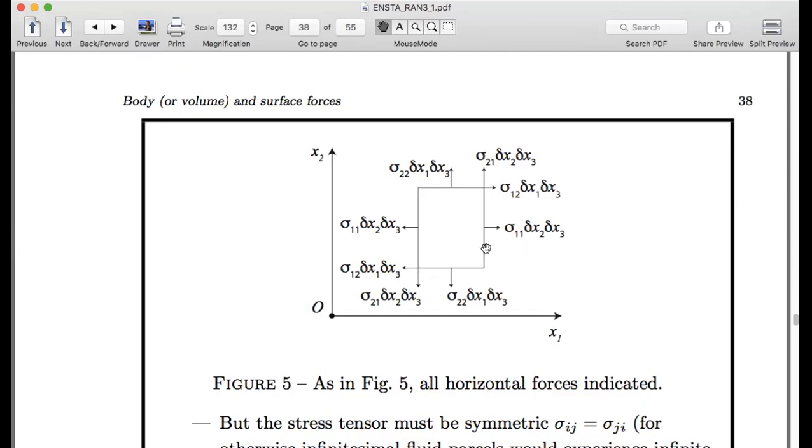Then we say that this force that we're representing with the stress tensor represents the force of the fluid on the outside acting on the fluid that's on the inside. And we want that force to point in the x1 direction here for this particular one.